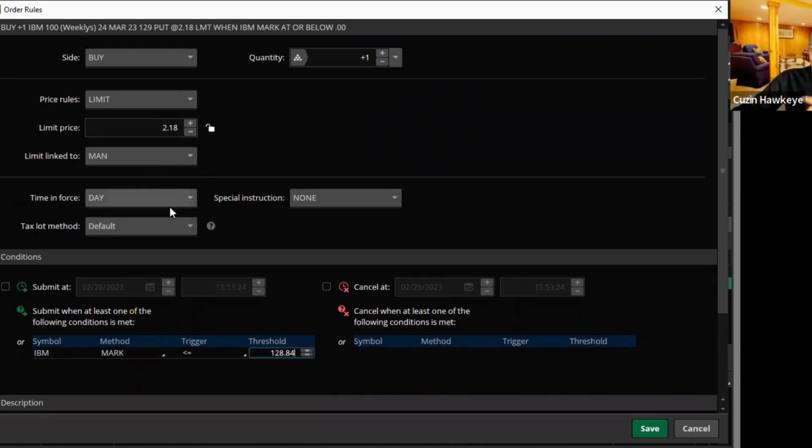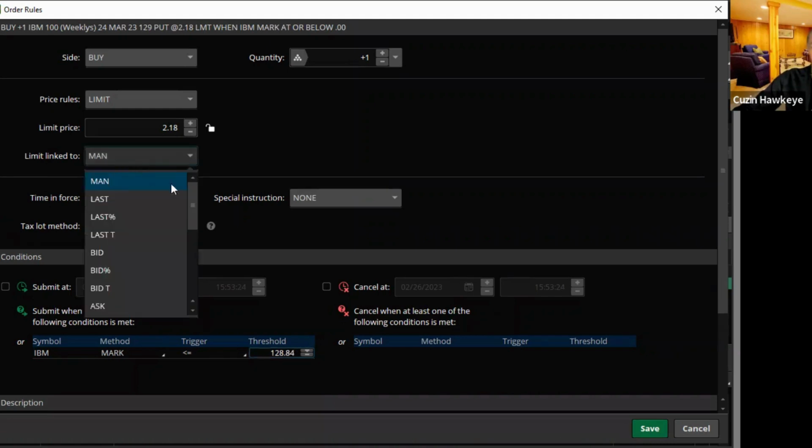Well, we're going to get to the protection in a second. So now up here, see where I'm pointing on your screen? Yeah. It still says 218. That's the option price. We don't want that. We want the stock price. So right here where it says MAN, M-A-N, that stands for manual.